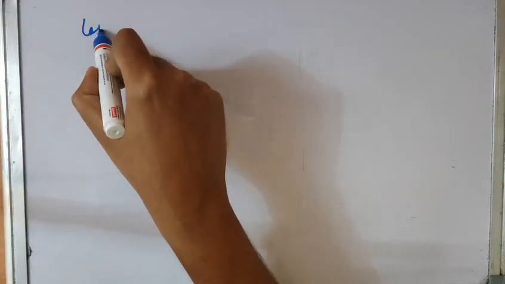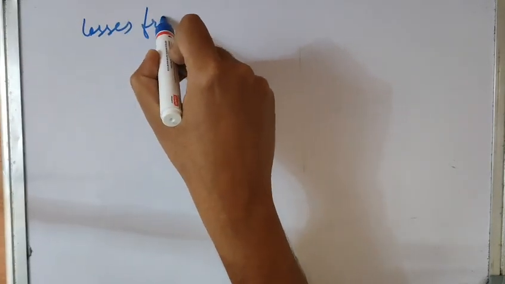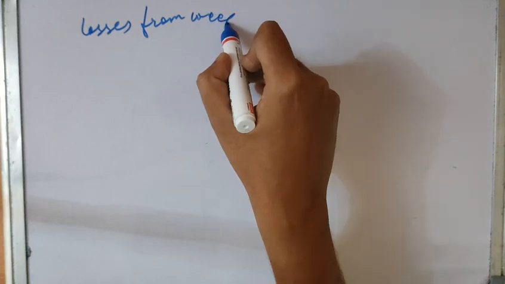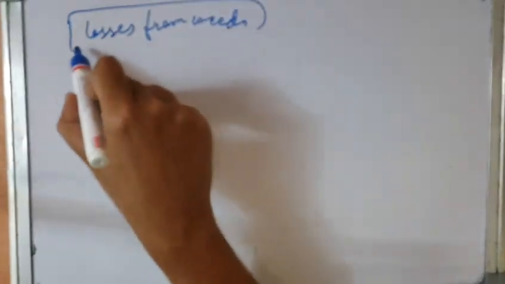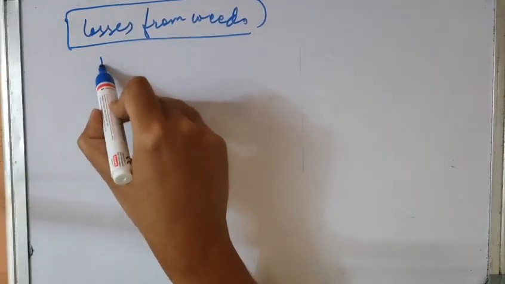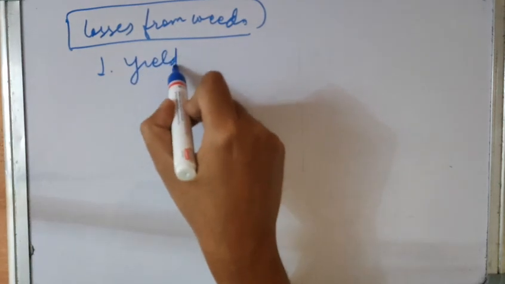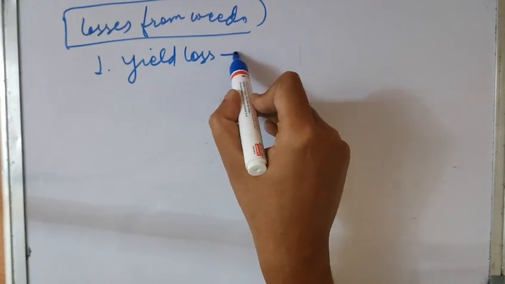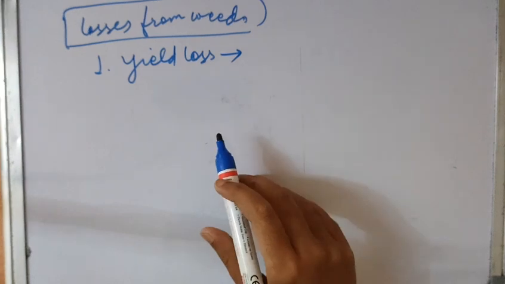Now after benefits, we need to see what are the major losses due to weeds. Losses from weeds. First of all, yield loss.